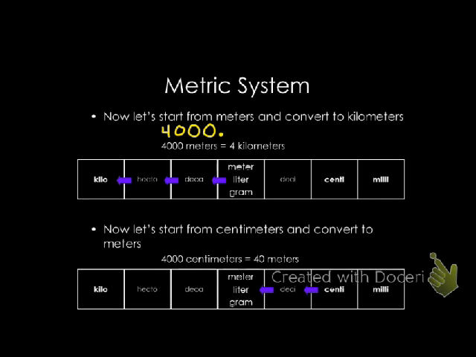And since we are moving 3 times, we would move our decimal point 3 times to the left. Clean it up. And now we have a decimal 4.000. By the way, that is an equivalent decimal to a whole number, so we could say just 4 kilometers.